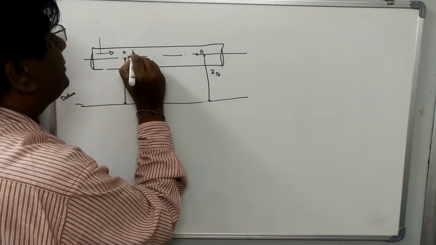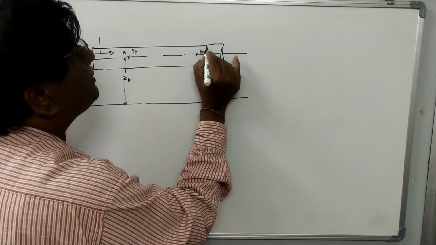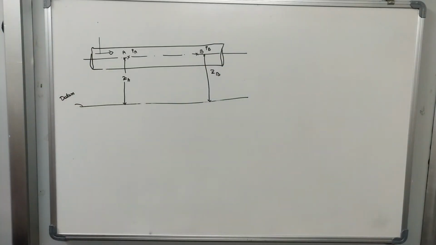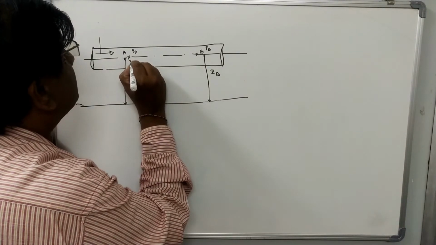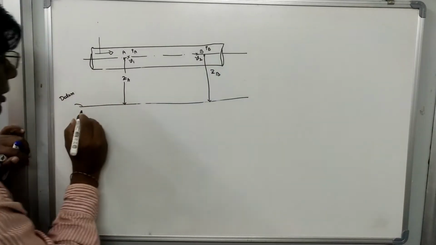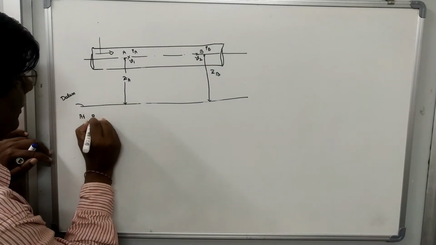Let pressure at this point be PA and pressure at this point be PB. Velocity at point A is V1, velocity at point B is V2.